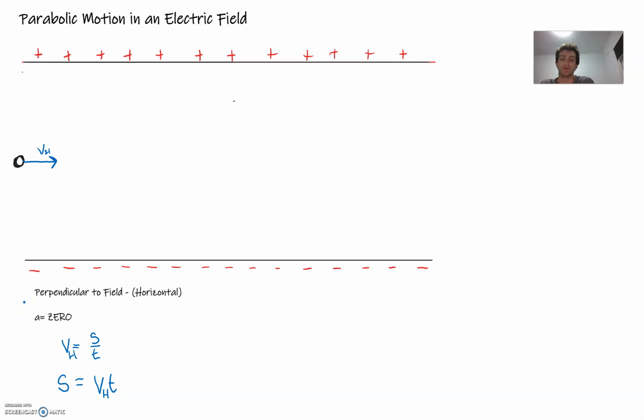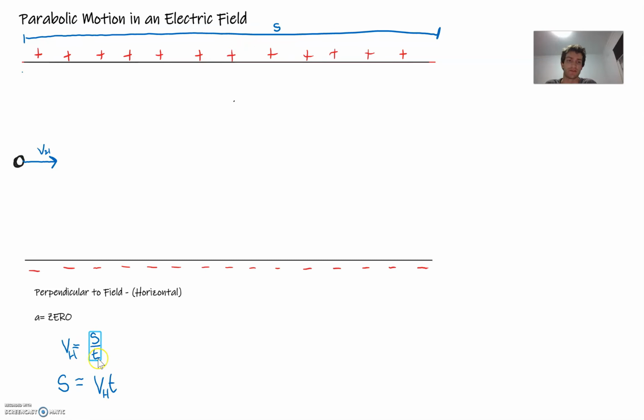And they also might give you how far along the plates are. So they might give you the distance from here all the way down to the end. They might give you that displacement there, and that is a horizontal displacement as well. So you can use this horizontally with this horizontally in combination, and we can calculate, say, the time.